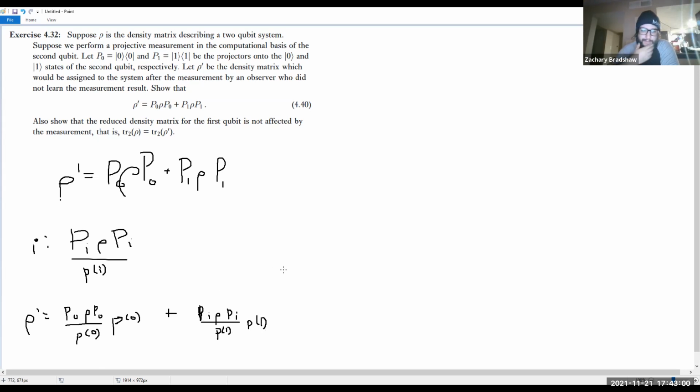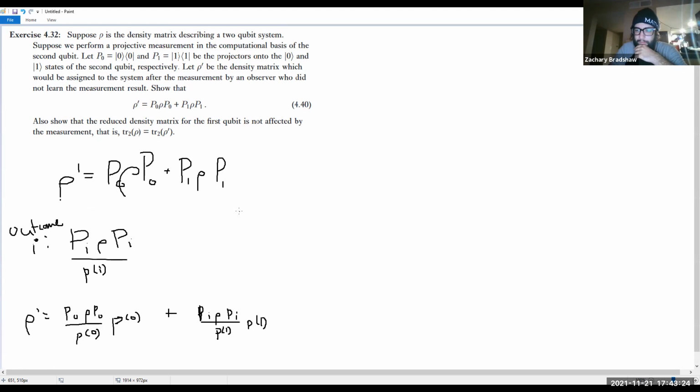Okay, so I think the idea is that when you learn nothing from the measurement, the result is a mixed state, right? You get the outcome 0 with probability P of 0. You get the outcome 1 with probability P of 1.